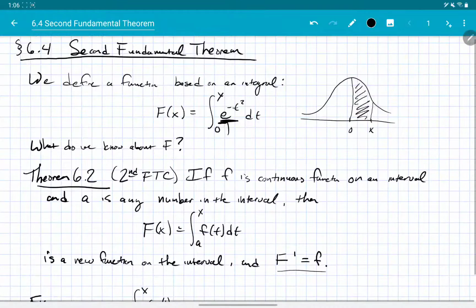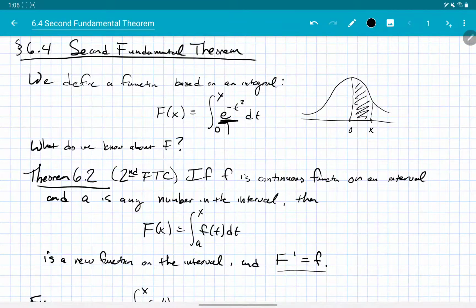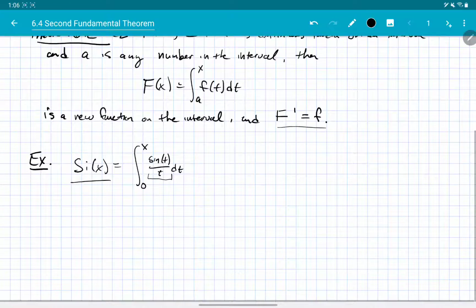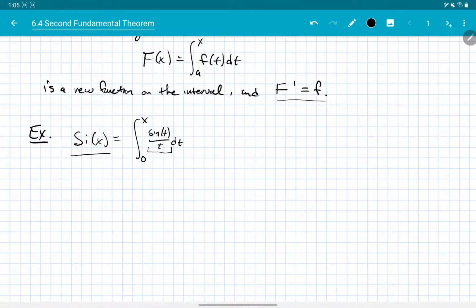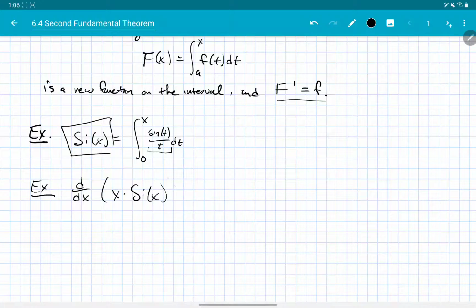This function I wrote at the beginning here, this capital F of x, is another function, sometimes called the error function, which there's no other way to write, right? But what this does is allow us to just use this new function and write things about it. So for example, we can take the derivative of x times psi x.